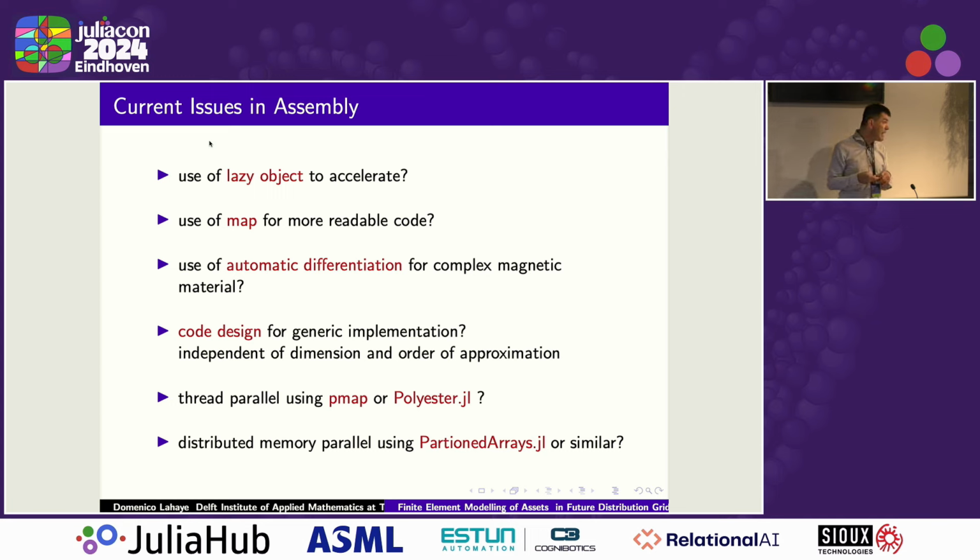How to make the code to be more generic, working for 1 and 2D, or maybe also working for different orders of the implementation. And doing a parallel implementation either in shared memory or distributed memory. So interest that I would have to be able to speed up the model and bring the model to a digital twin environment.